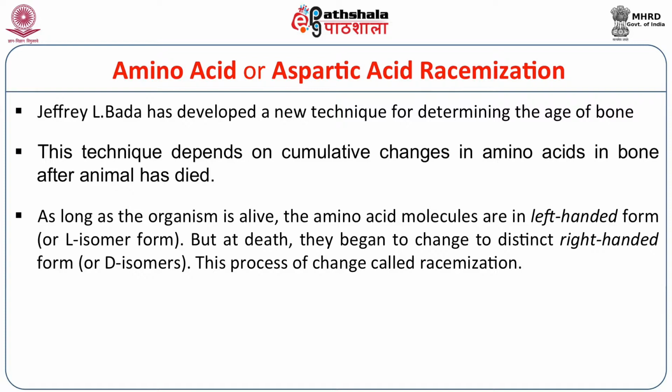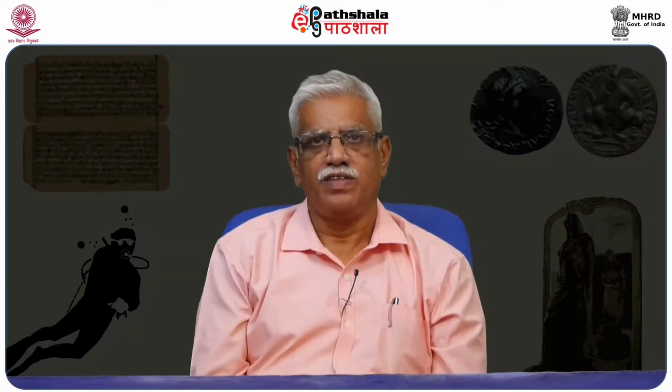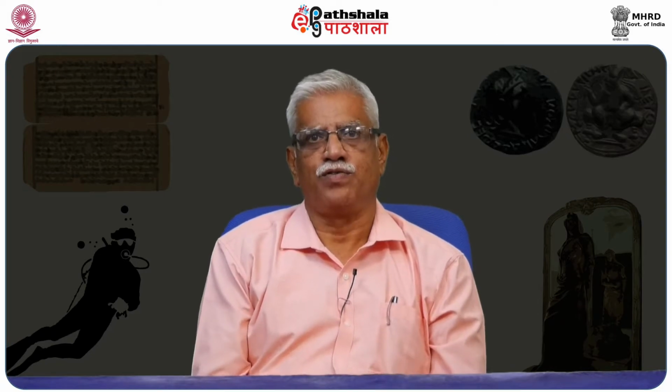But after death, this left-handed form begins to change to the right-handed form, or D isomers, as they call them. This process of change is called racemization, which is why it is called aspartic acid racemization. If one knows the racemization rate, that means the rate of moving from left-handed to right-handed form, one can calculate the date of the bone. This is the method used for dating bones.